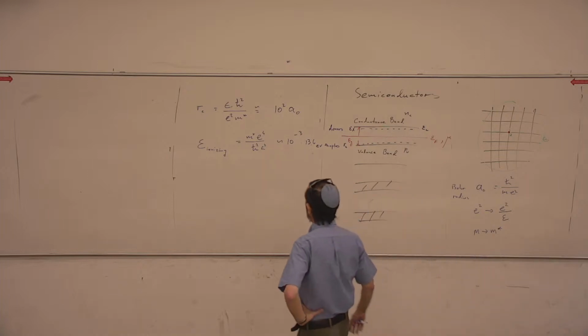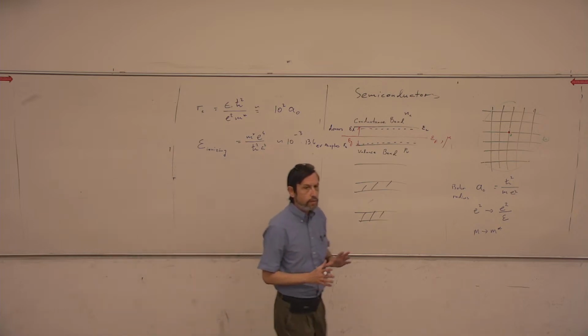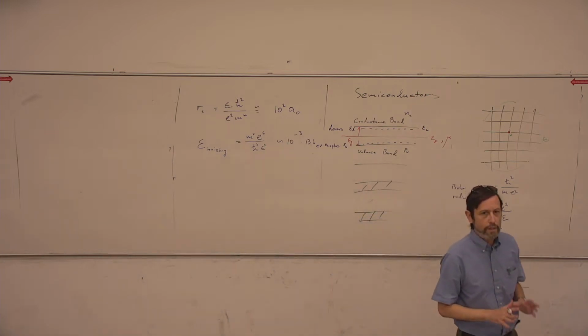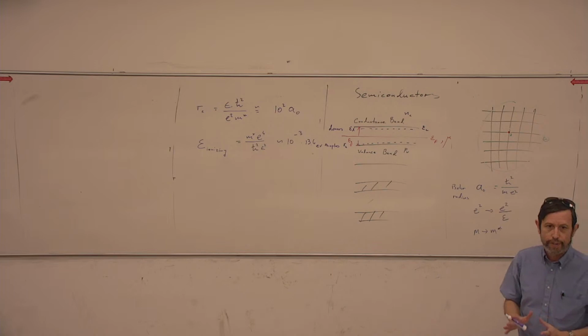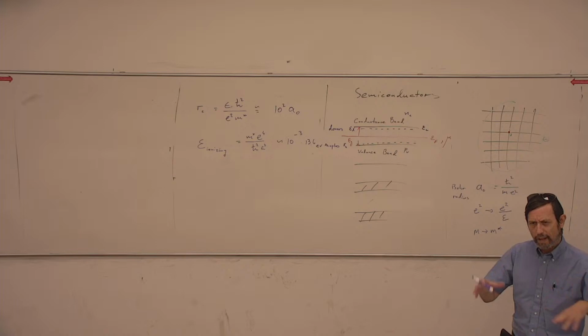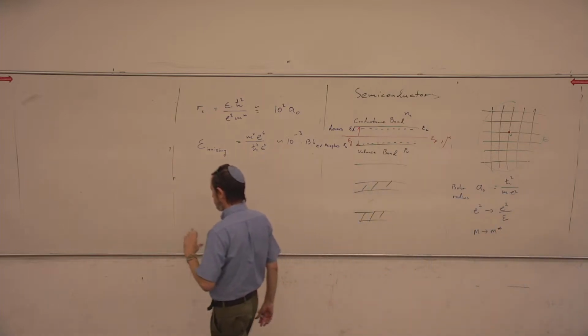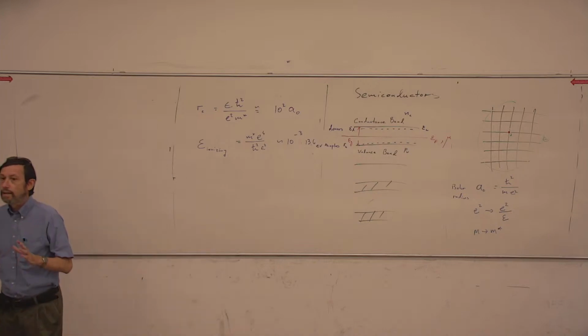So let's consider the simplest technological application of doping by impurities. You know, diodes, transistors, and so on and so forth.